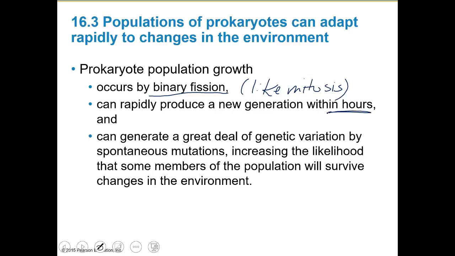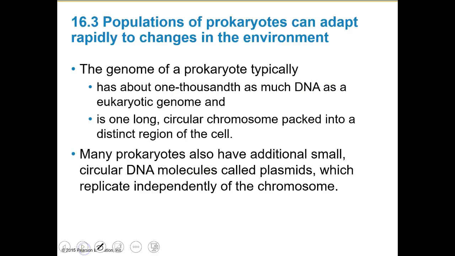And that can generate a great deal of genetic variation by spontaneous mutations, increasing the likelihood that some members of the population will survive changes in the environment. So for those of you who said something on the quiz that it takes a long time, it's not necessarily about that. It's that these guys can do this mutation and evolution stuff quickly.